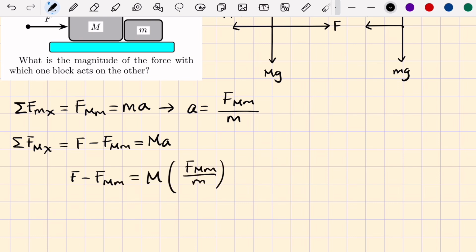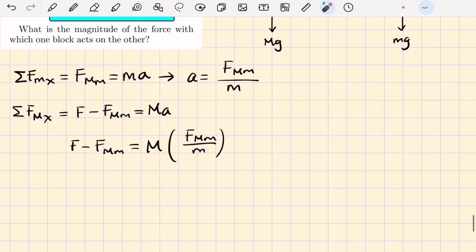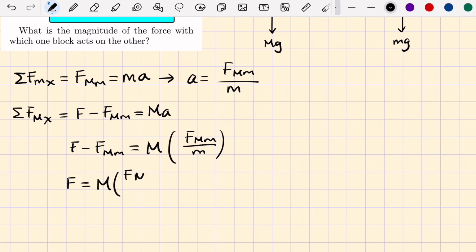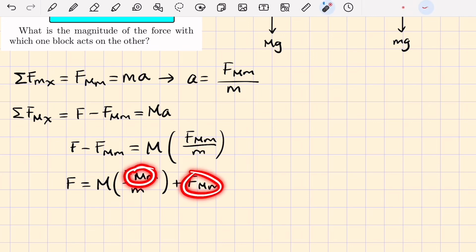Okay, now we have known variables and only one unknown, which is the one we're looking for. We'll move this one to the right by adding. Now we can factor out the force of contact between the two masses.